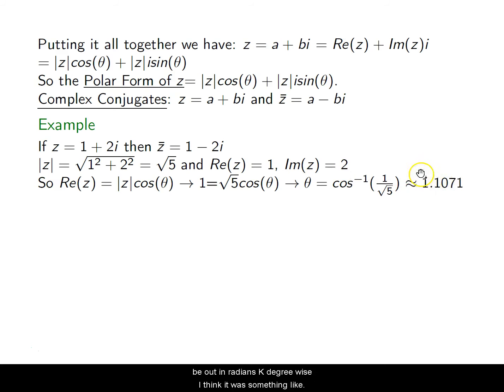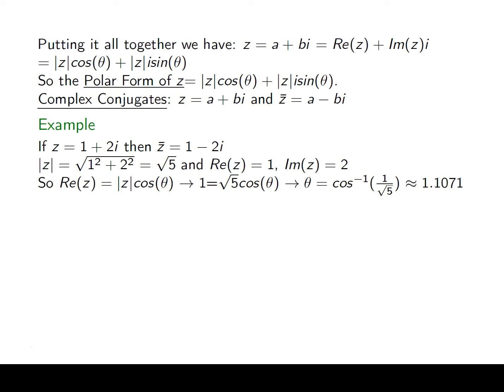Remember, this will come out in radians. Degree-wise, I think it was something like 63 degrees. Not super important, I just need to be able to work with this value if need be.